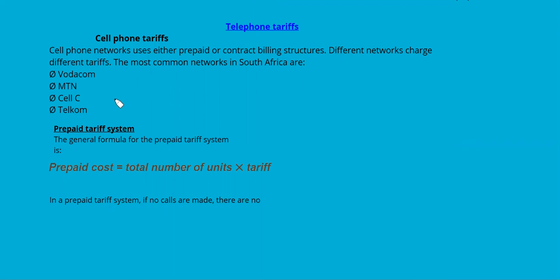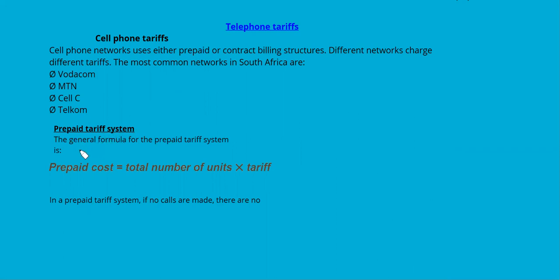But if you're on contract, with Vodacom, MTN, Cell C, Telkom, if you buy your phone on contract, in most cases they give you free minutes per month. Once you use up those free minutes, you are charged per minute after that. So now let's look at the prepaid system first.